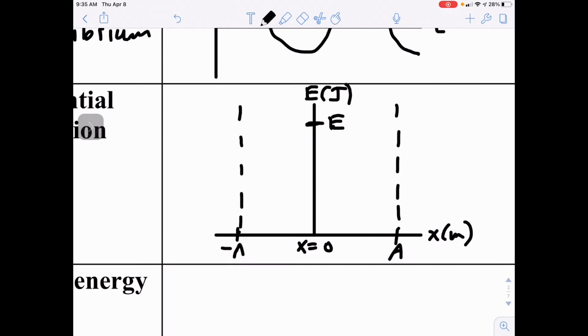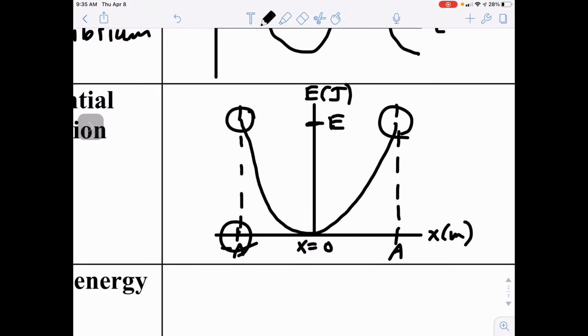Well, a graph of potential energy versus position would look like this, where you have maximum potential energy at the amplitudes and zero potential energy at the equilibrium. Okay.